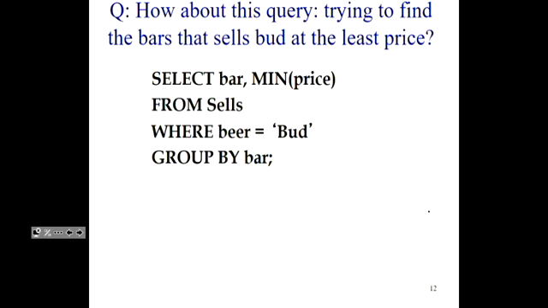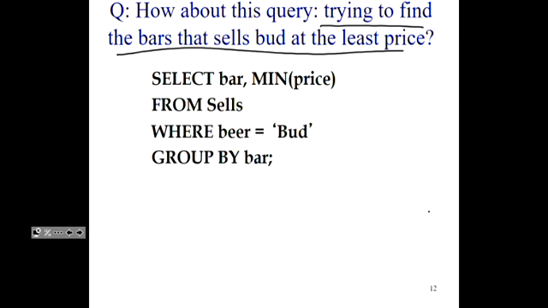Now let's talk about one common misconception some students have. Let's say I want to find the bars that sell Bud at the least price. This misconception comes from a misunderstanding of what the grouping and aggregation is meant to do.